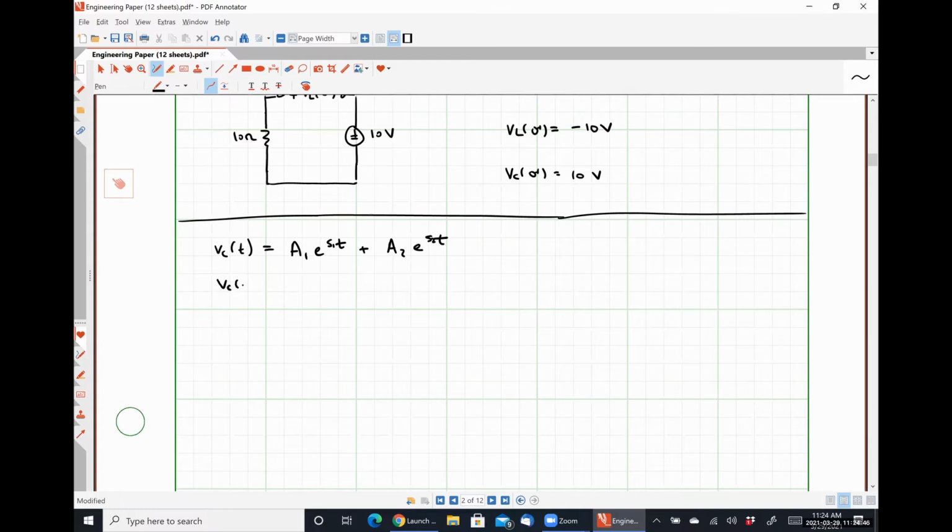And from this, VC at 0 simplifies to what? What happens to my exponential functions at t is equal to 0? They both go to 1. So I just have VC is equal to A1 plus A2, which gives me an equation.